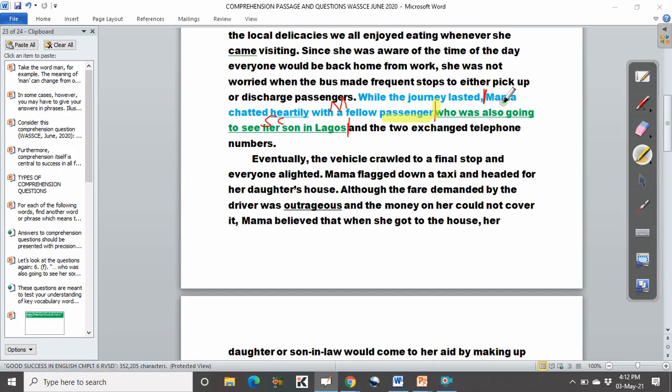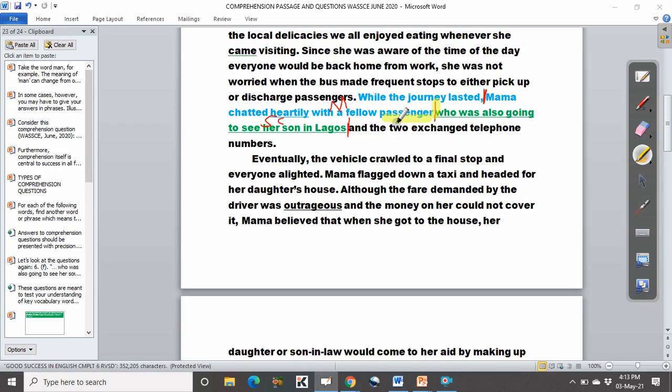Now, which question do you think arises naturally if you hear this piece of information? "Mama chatted heartily with a fellow passenger." There are many possible questions, but you focus your attention on the word "passenger", because it shares a common boundary with the expression we are examining.